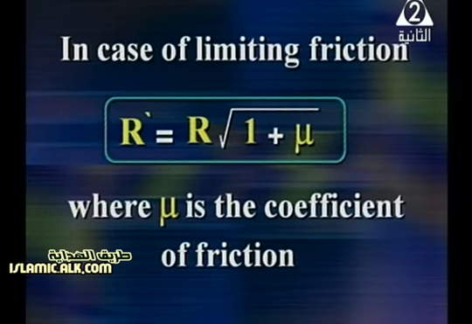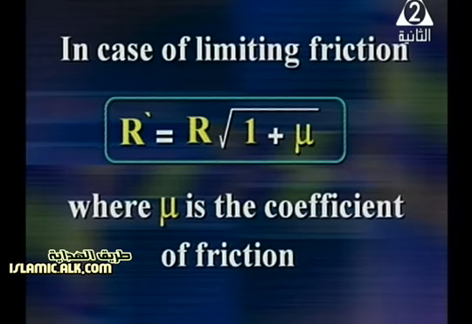Mu, in this case, dear student, we have two coefficients of friction. The number one is called the static friction coefficient. We can symbolize it mu s. And the kinetic friction coefficient, its symbol is mu k.